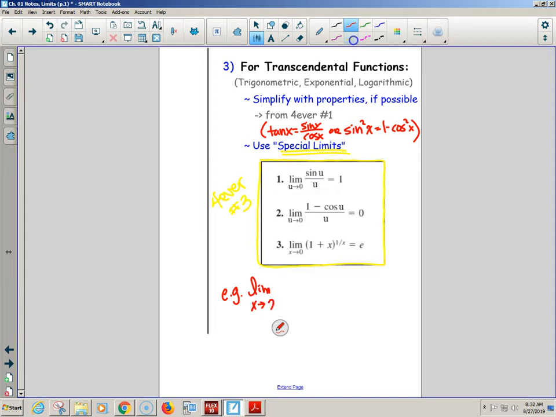Write down this forever card, but then I want you to ponder this example with x minus 2 after you finish writing your forever card.